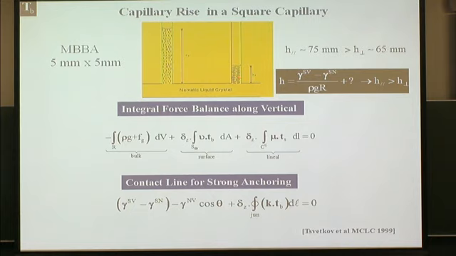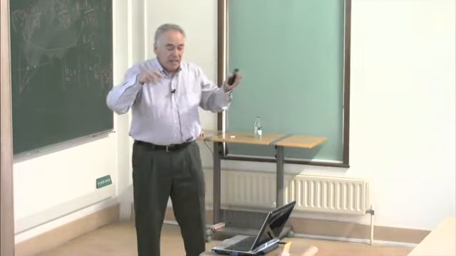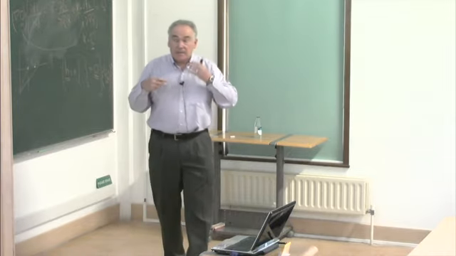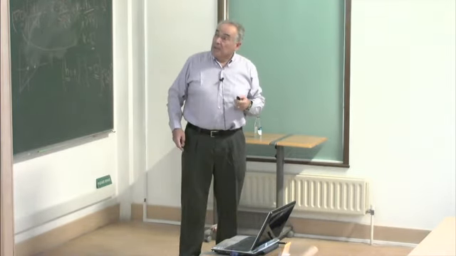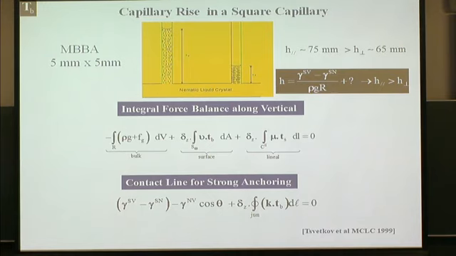The difference for this 5 millimeter square is 10 millimeters, or some number. This is an area where we need more data, more experiments. This is at least some data published some years ago that clearly indicate a sensitivity of the capillary rise with respect to anchoring. So when you analyze this problem, you have to put together what happens, what are all the forces acting in the system.